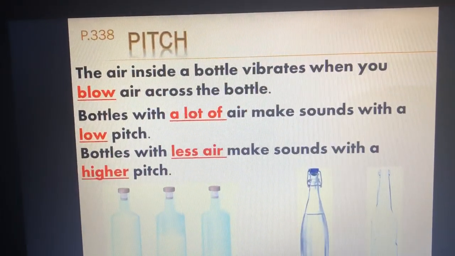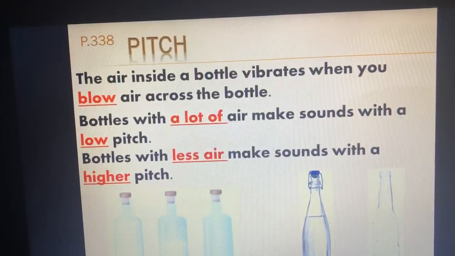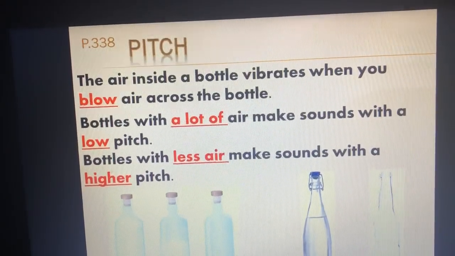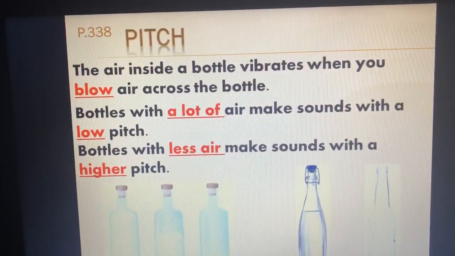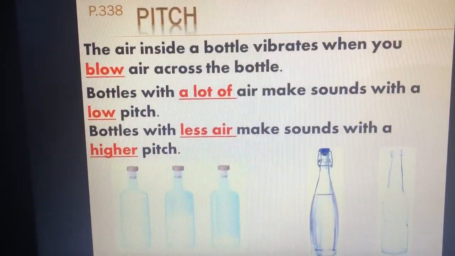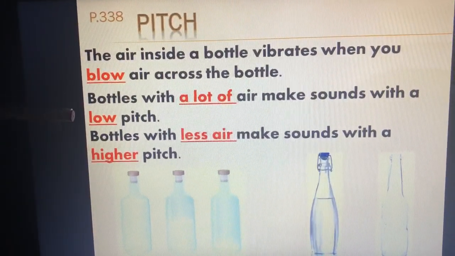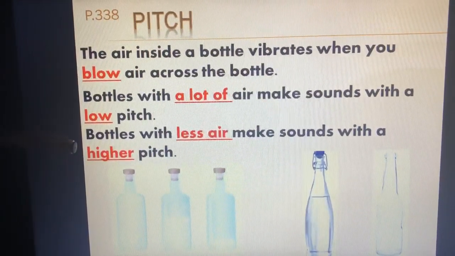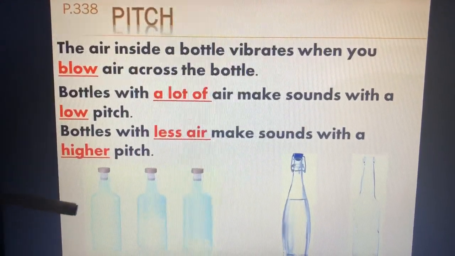The air inside a bottle vibrates when you blow air across the bottle. So when you blow inside any bottle, the air will vibrate. Then you can hear a sound. The sound will be different. It could be low or it could be high, and this depends on the bottles.